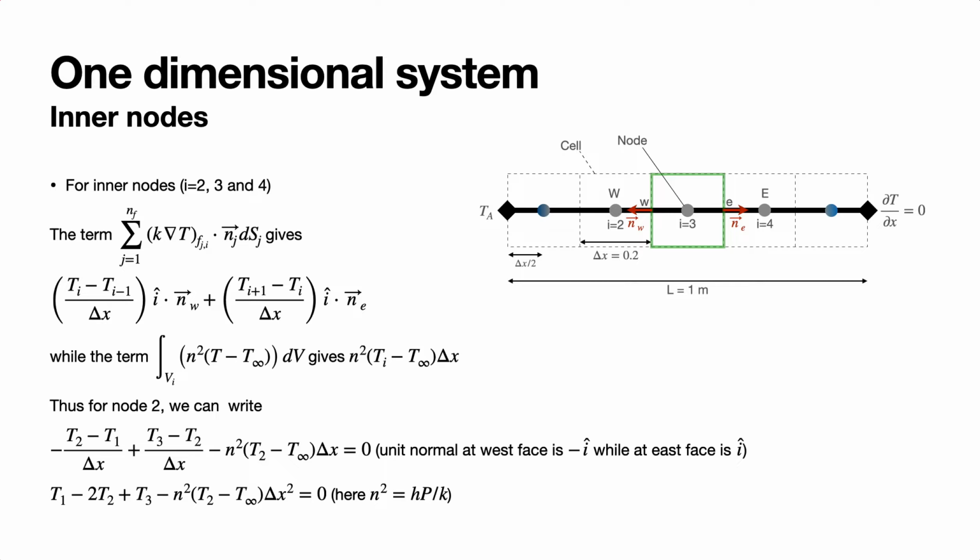And for node 2, we can simply write it in terms of temperature T2 and temperatures T1 and T3. The only thing to consider here is the sign for the term, because at the west face, the unit normal is always pointing in the outward direction for a given cell.